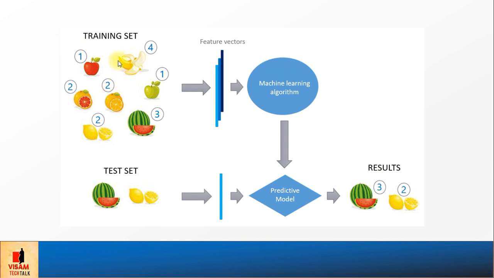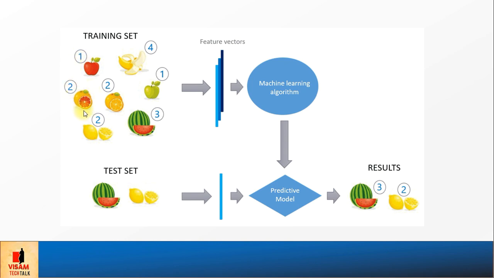As I said, the training set feeds this type of data into the machine learning system. If you have an apple in red color and an apple in green color, we mark it as 1. The system understands that if anything is either green or red, we call it an apple, so it is considered 1.